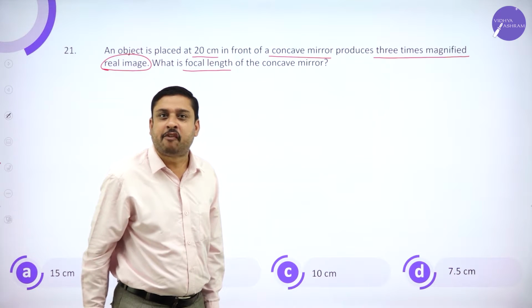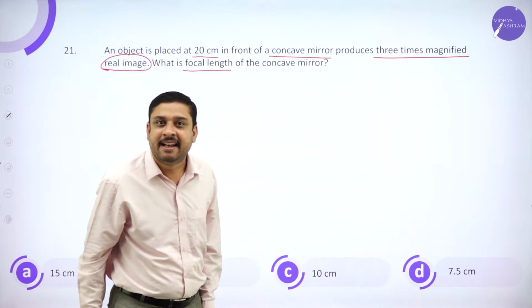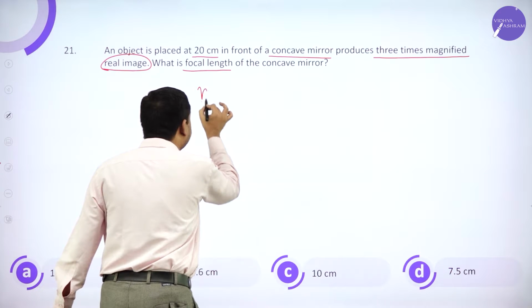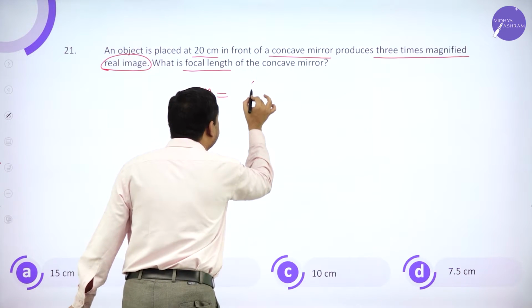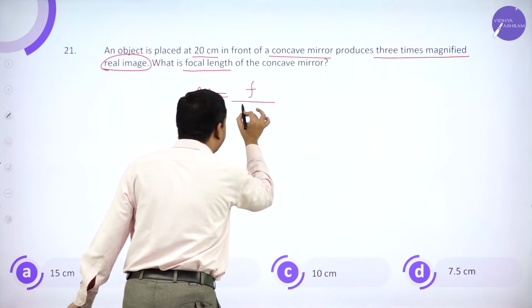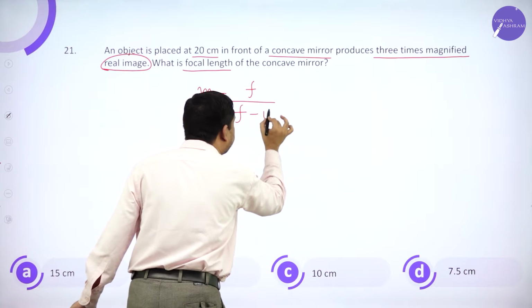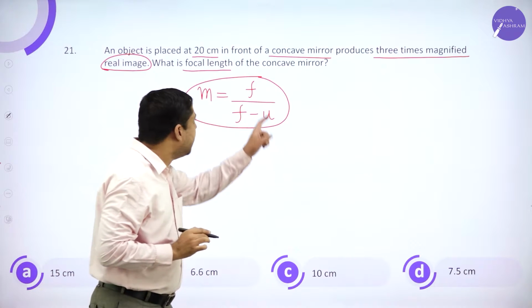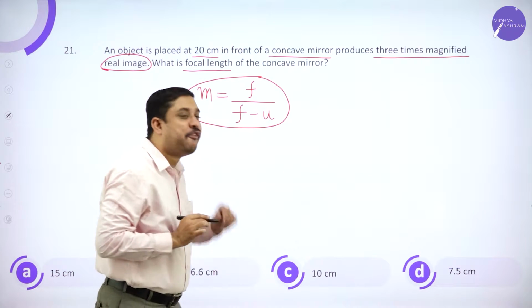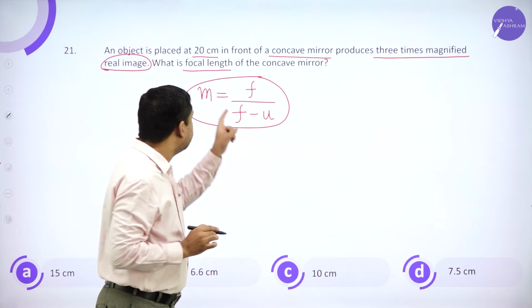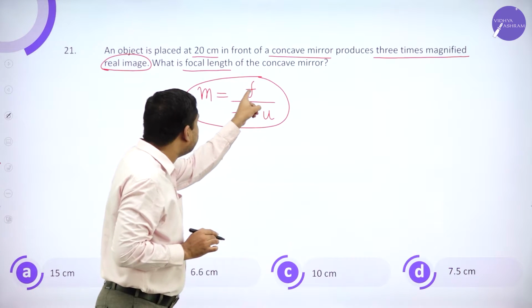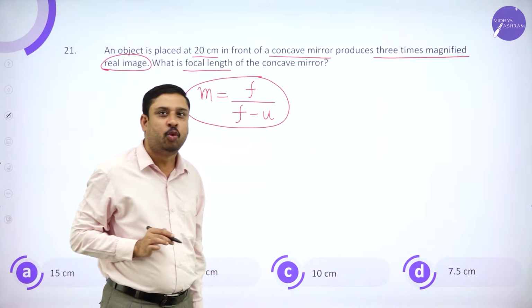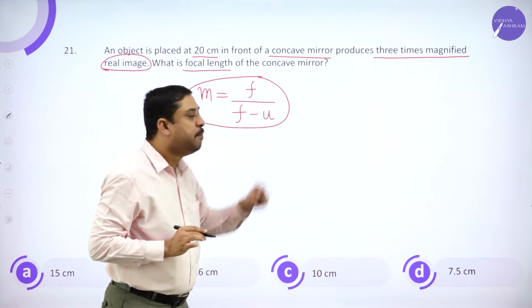Recall the expression for magnification in terms of focal length. Very good. M equals f divided by f minus u. How much is M?